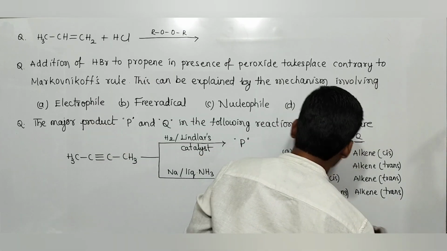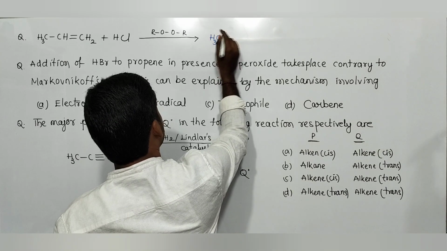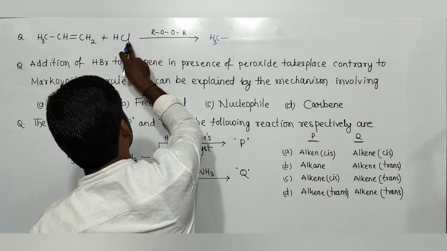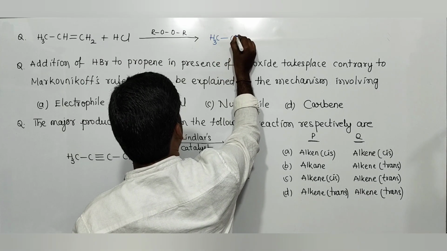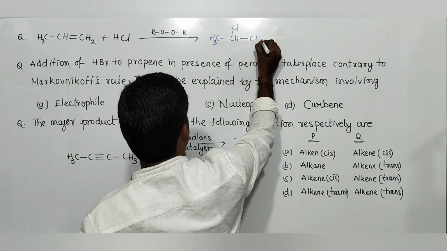What product do we expect? Due to presence of peroxide, the anti-Markovnikov product, but on HCl the peroxide effect is not present, so the product is the Markovnikov's product.